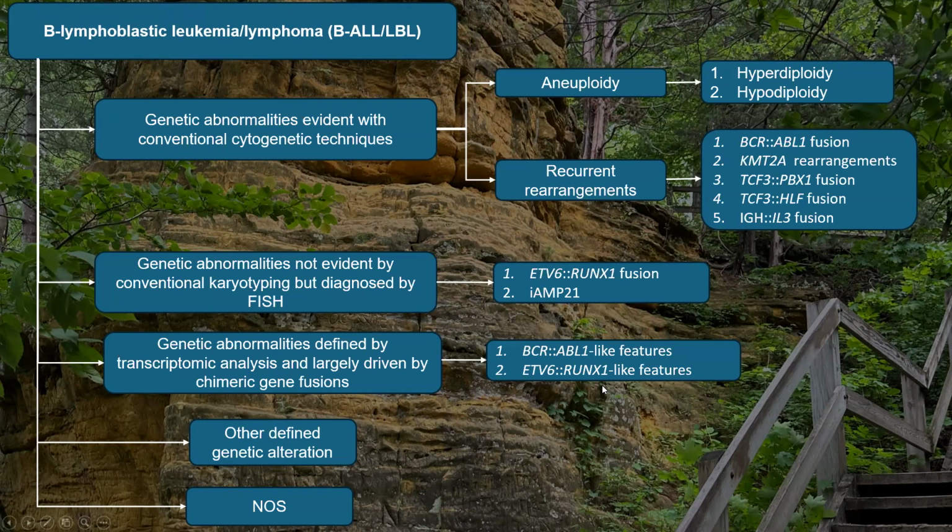These two entities resemble their established types, which are B-lymphoblastic leukemia lymphoma with BCR-ABL1 fusion and with ETV6-RUNX1 fusion. However, they have diverse underlying alterations identified by gene expression profiling. And because of this heterogeneity, screening for these disorders can be extremely challenging.